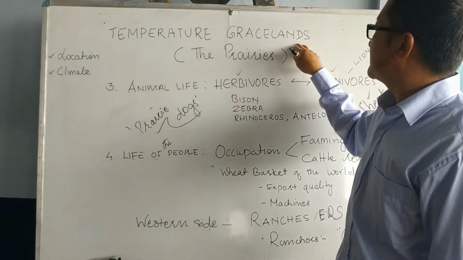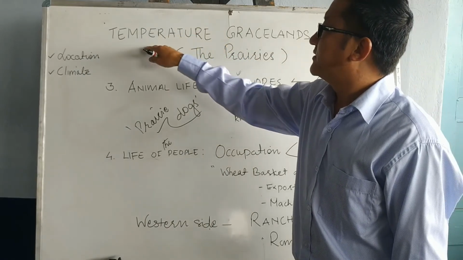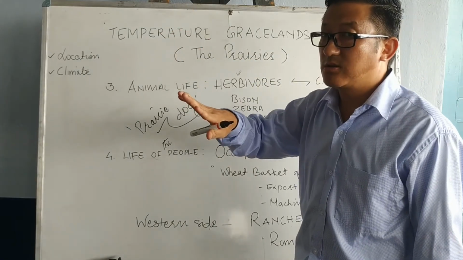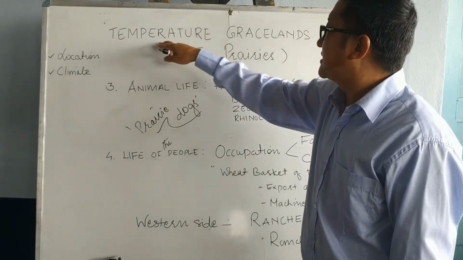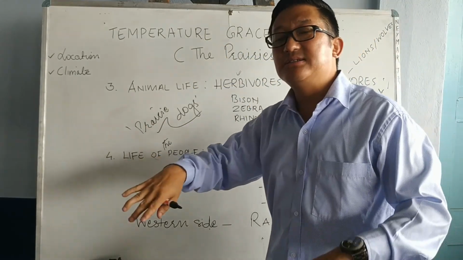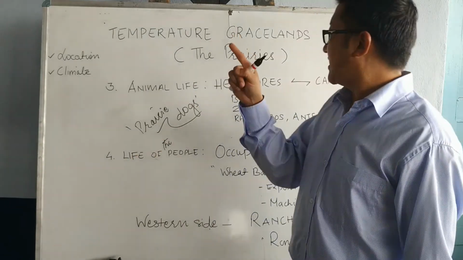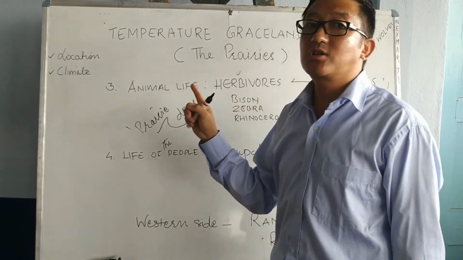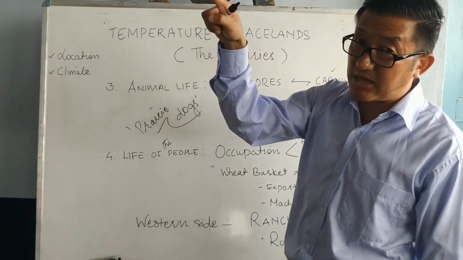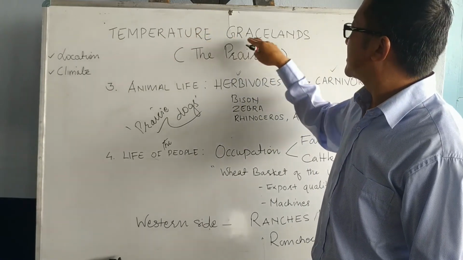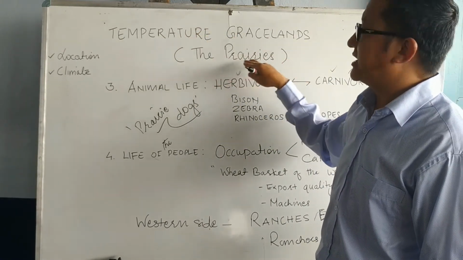Temperate grasslands is a kind of region, and we get this condition in different areas around the globe, but we took the example of North America, and in North America this kind of temperate grassland is called the prairies.